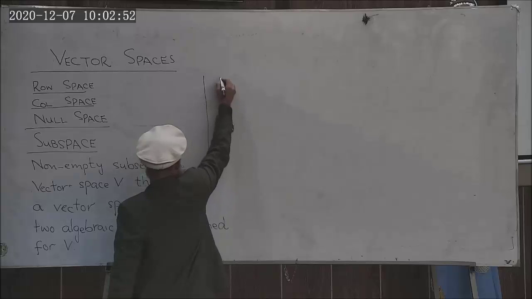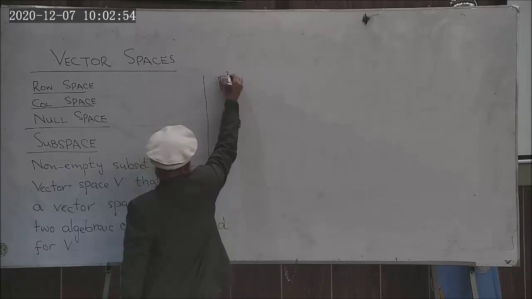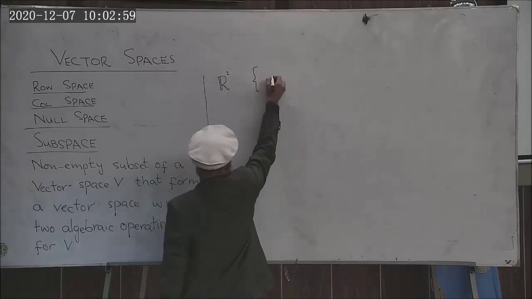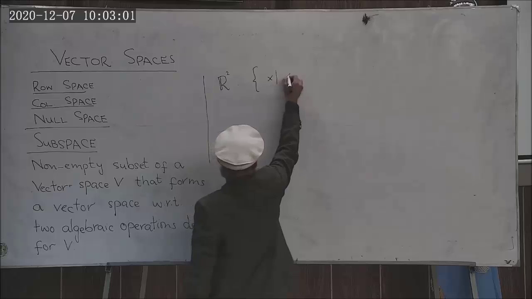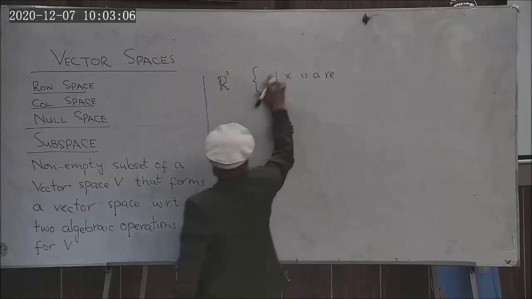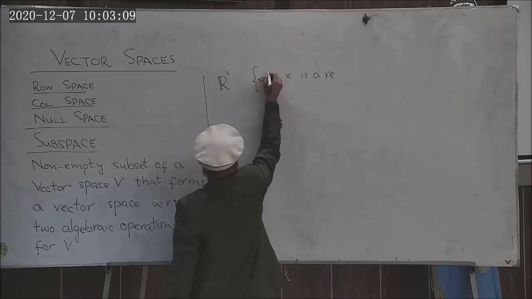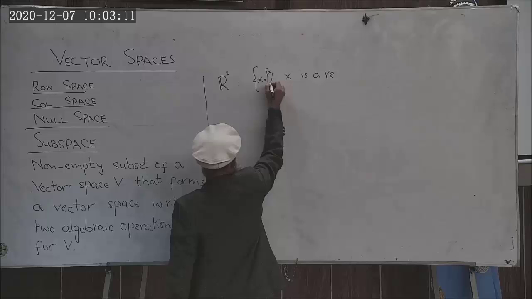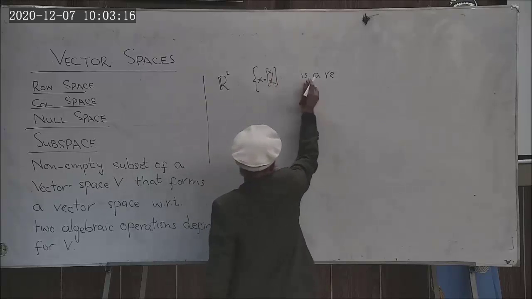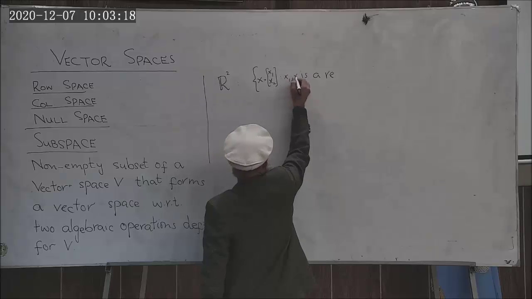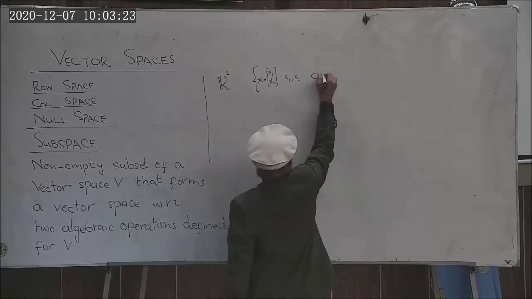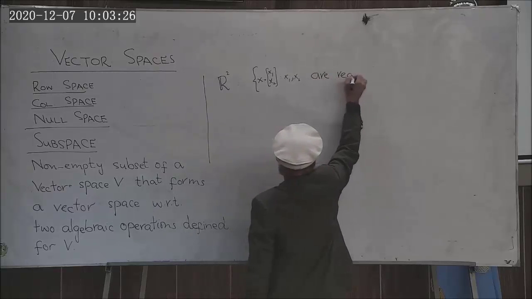What is R2? R2 is the set of all vectors x, where x is composed of two components x1 and x2, such that x1 and x2 are real numbers.